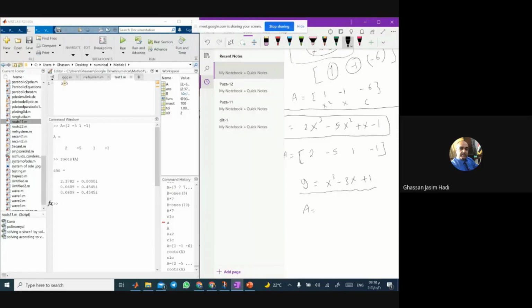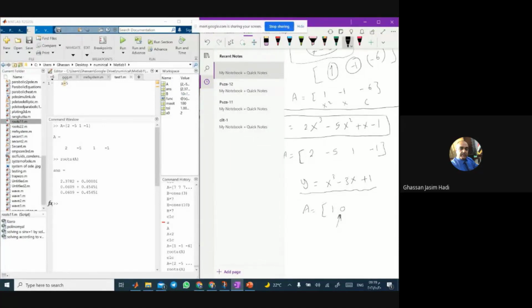A equal what? 1, 0, minus 3, 1. Yes, good. Why? Because we don't have x squared, then its coefficient must be 0.